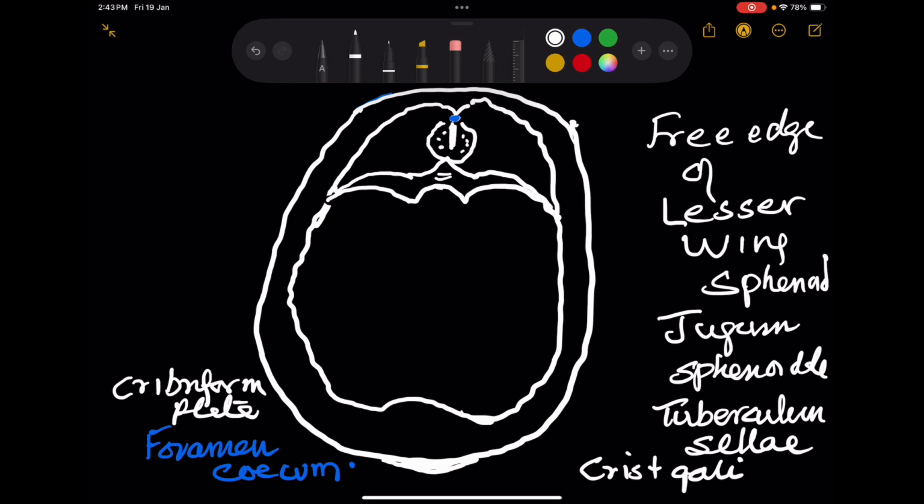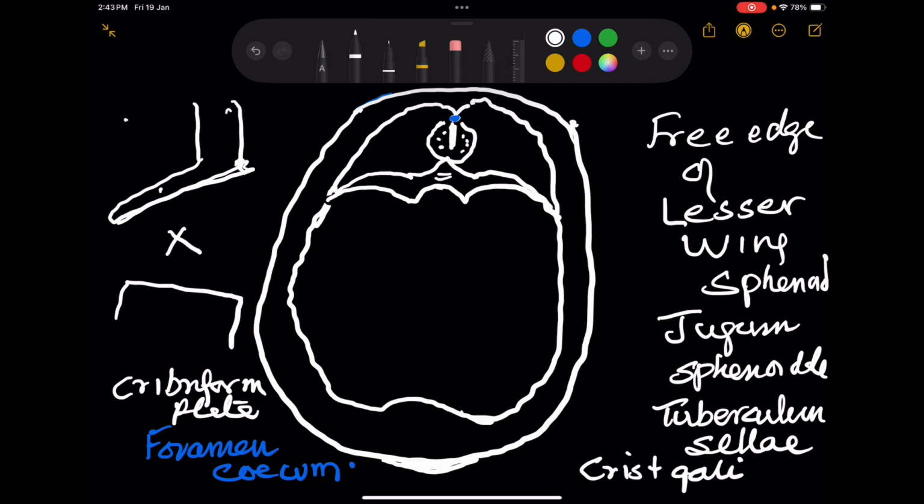Lateral to the cribriform plate and covering its lateral part is the orbital plate of the frontal bone. You see, the frontal bone comes like this, and then it gives a portion which is the orbital plate of the frontal bone, and there's the maxilla below, and this is the orbit.